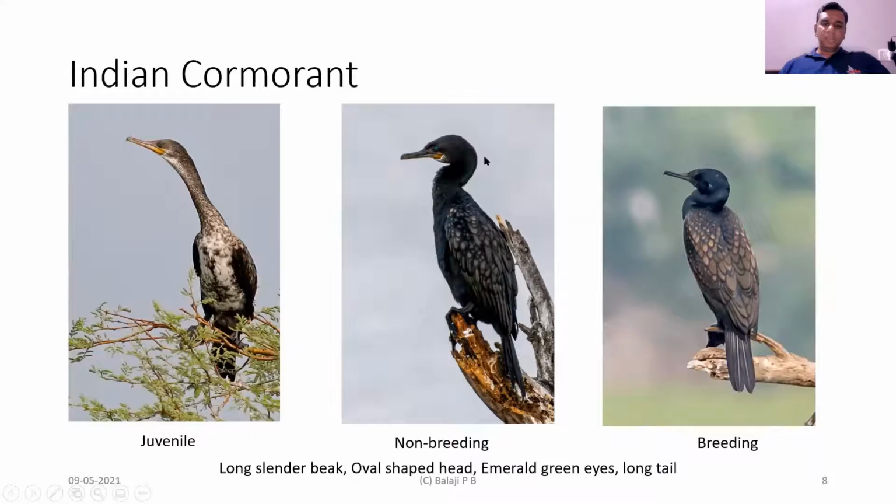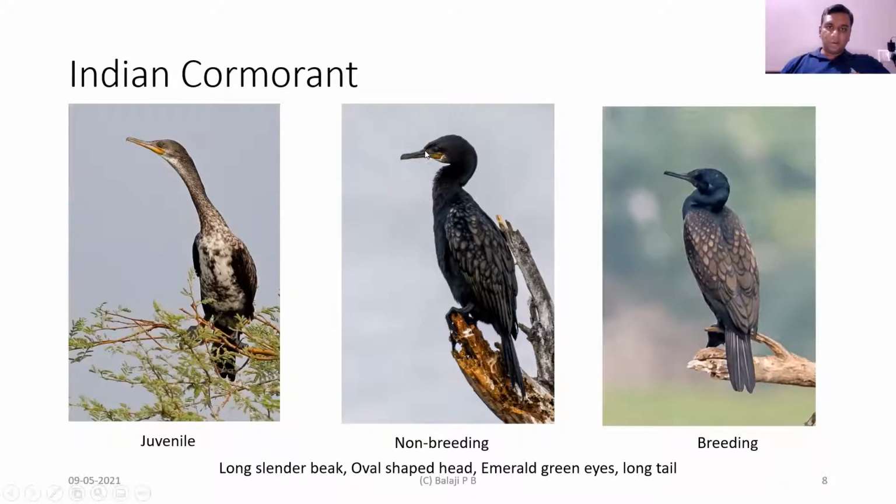And in the breeding and the non-breeding plumage, normally they have these emerald green eyes, which are not very prominent in a juvenile, but in a breeding or non-breeding plumage the emerald eyes are very prominent.